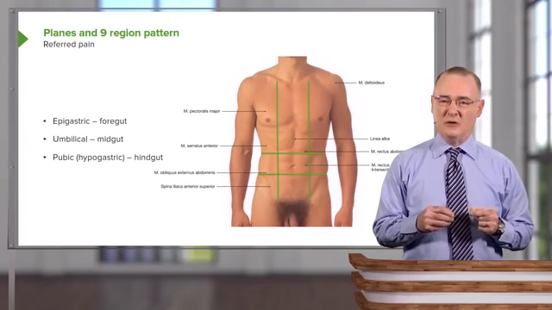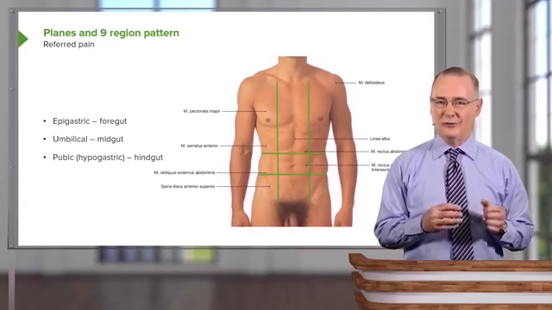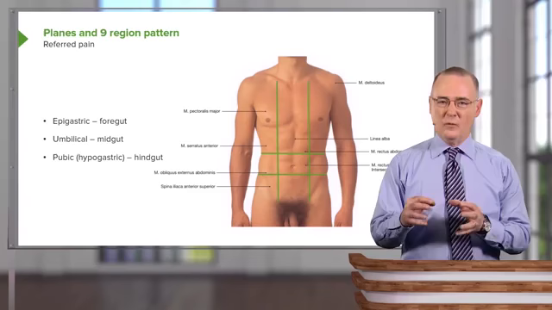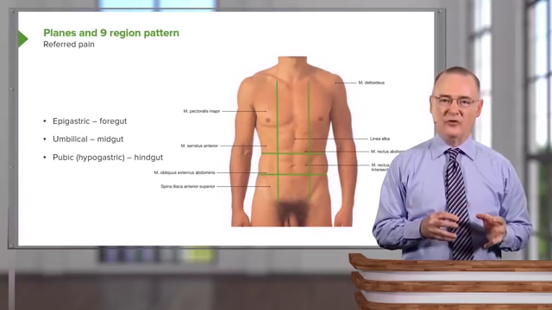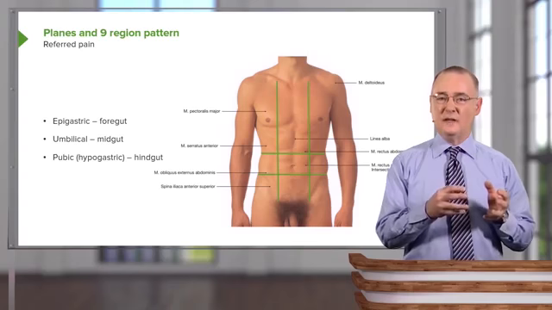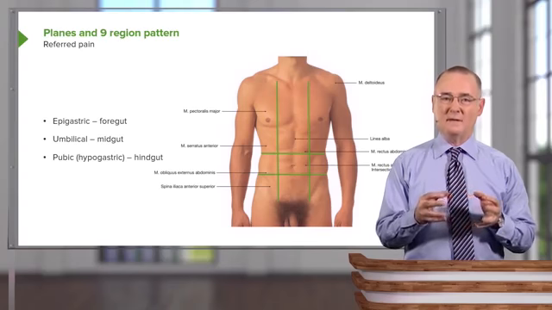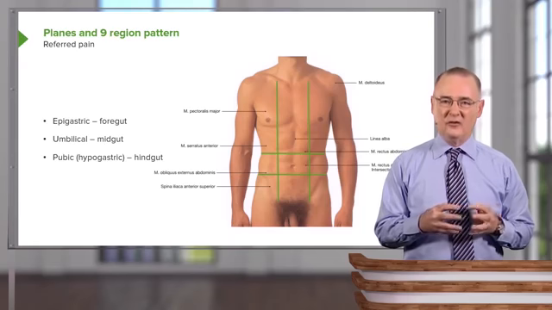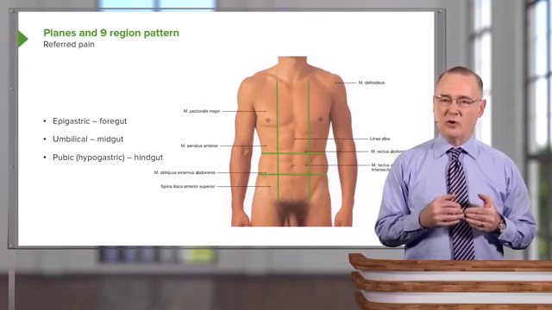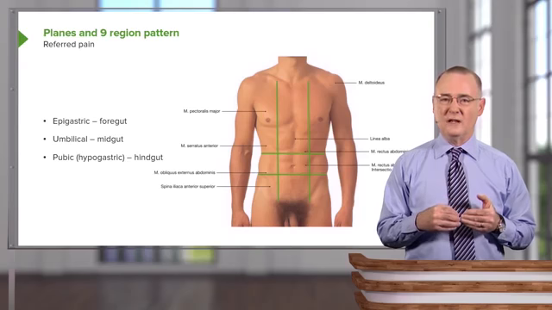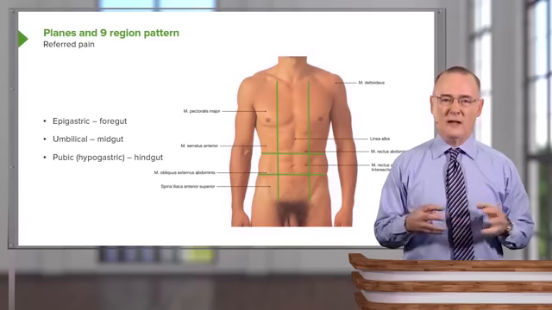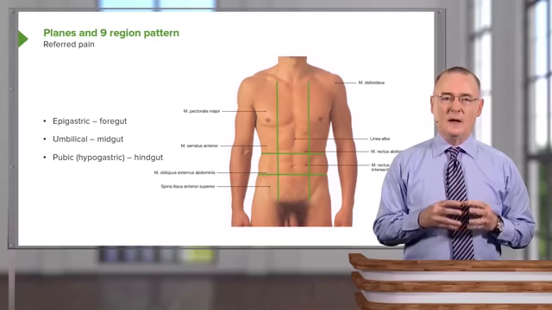The midgut derived structures would include the distal duodenum, all the remainder of the small intestinal segments, the cecum, appendix, ascending colon, and about the proximal half of your transverse colon. And then the hindgut would give rise to the distal portion of your transverse colon, descending colon, sigmoid colon, rectum, and a portion of the anal canal.